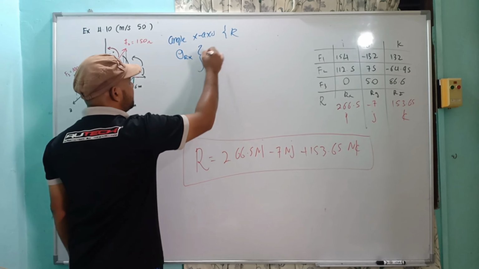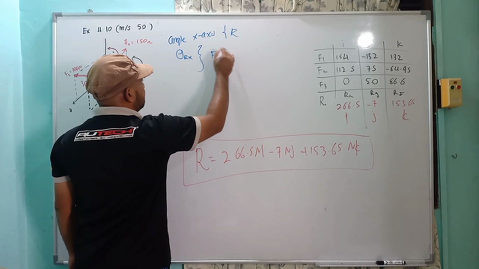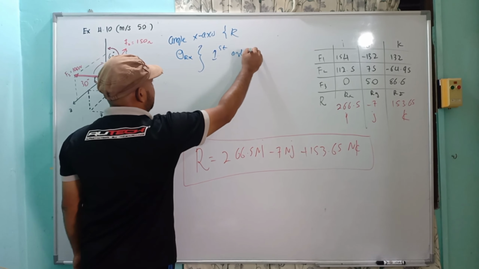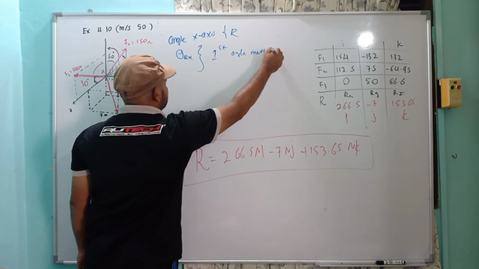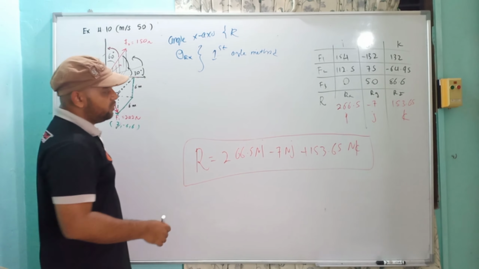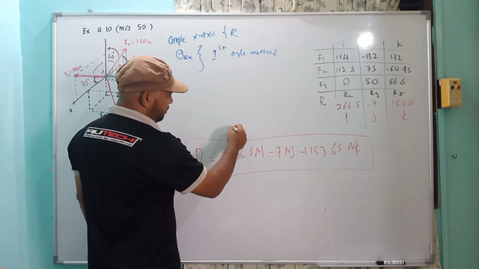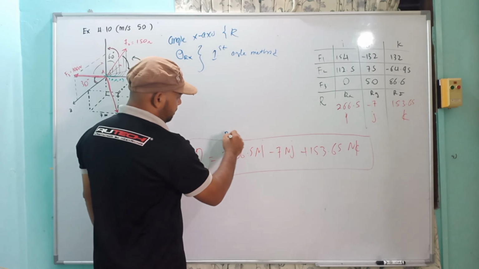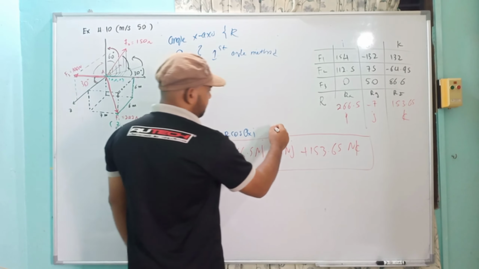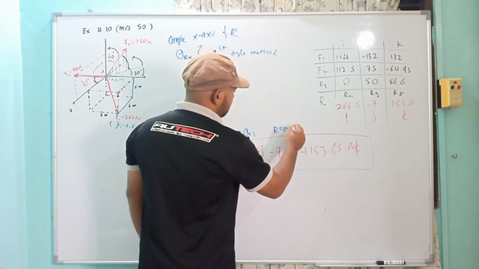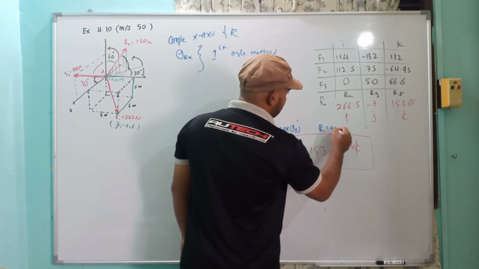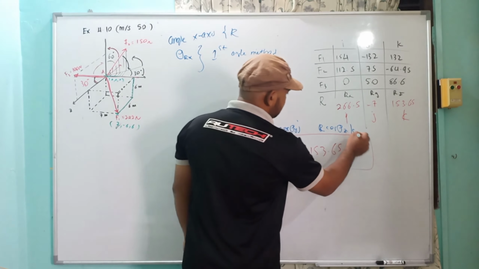Using the first angle method, what we have here is R cos theta x i, R cos theta y j, R cos theta z k.